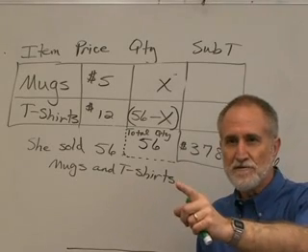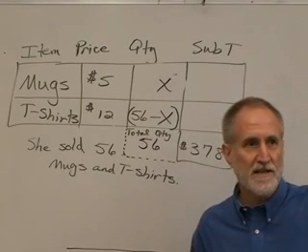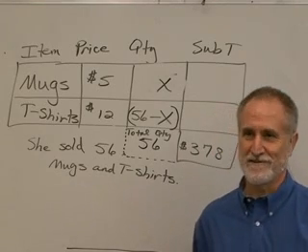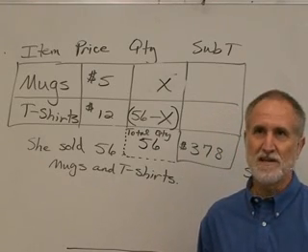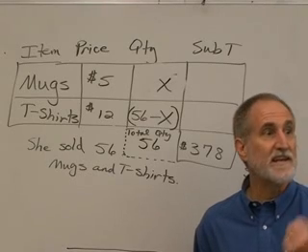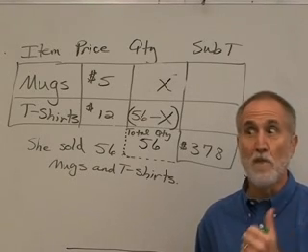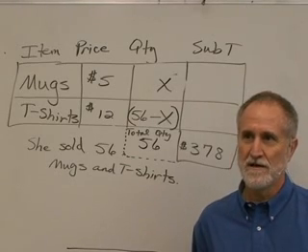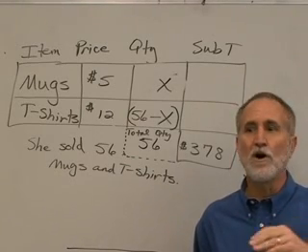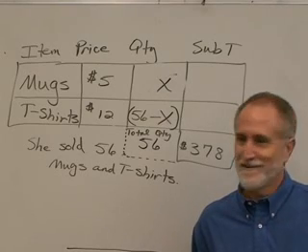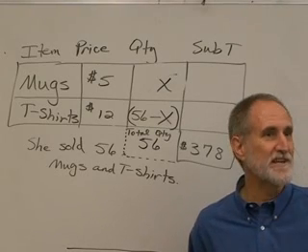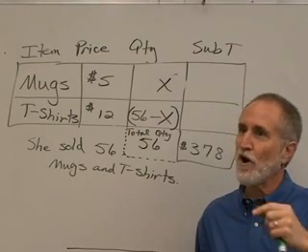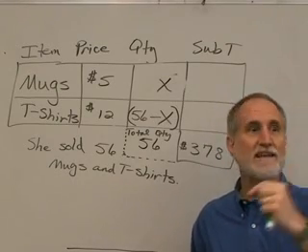It's just like that thing we did back there in chapter 6, only now we're calling it something different. Instead of calling it a percent increase, we're going to call it a markup on cost. But the math is exactly the same. Instead of calling it a percent increase, we're going to call it a sales tax. That's exactly the same math as a percent increase. Instead of calling it a percent decrease, we're going to call it a trade discount. But the math is exactly the same.